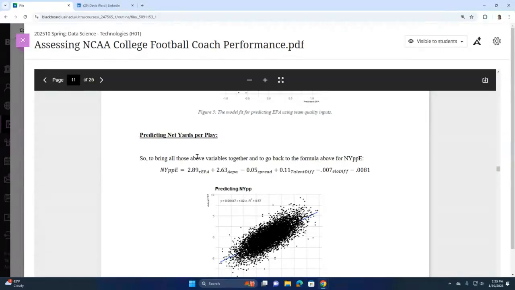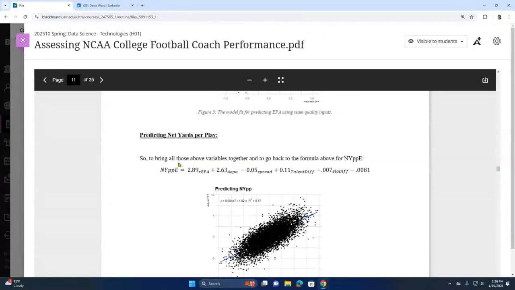But he said it's not just net yards per play. He said, I am really interested in how well a team performs in yards per play better than what is expected. For example, we took the case of Ohio State, a real football powerhouse.